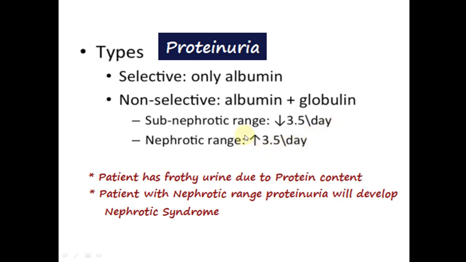However, if the loss of proteins becomes equal to or more than 3.5 grams per day, this is nephrotic range proteinuria, and this patient will develop nephrotic syndrome. Usually, the presence of proteins in the urine gives the urine a frothy appearance.